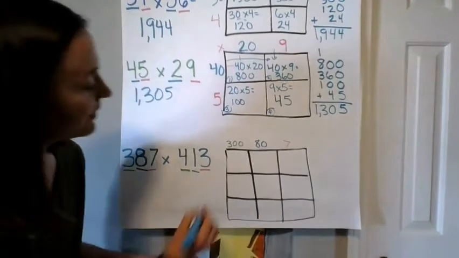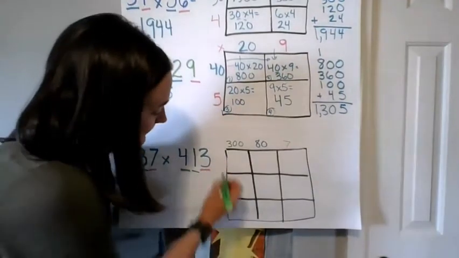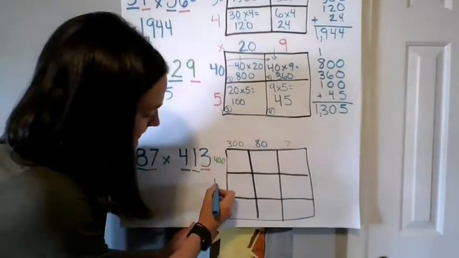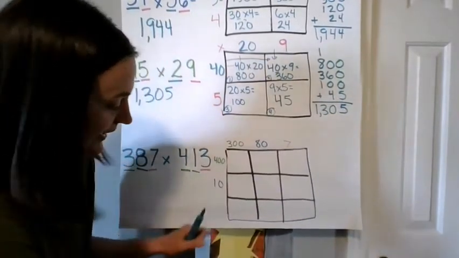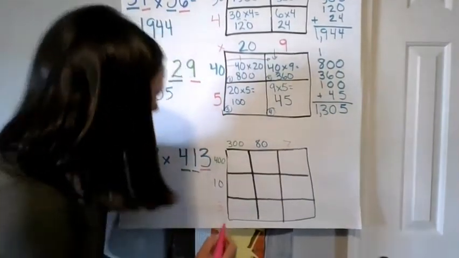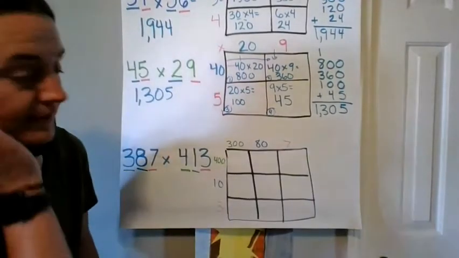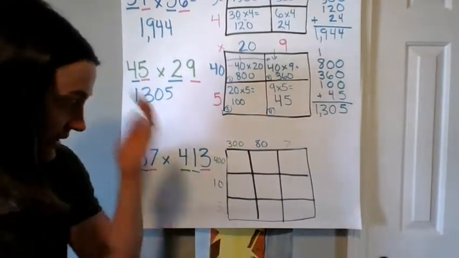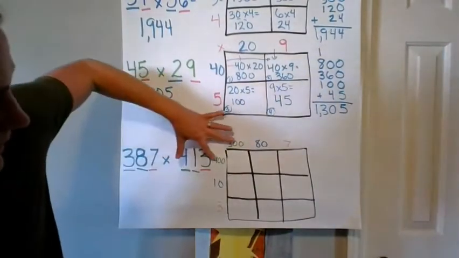In my second number, I have 400, 10, and 3, 413. Okay, and we're going to continue to follow those same procedures of adding across the box.